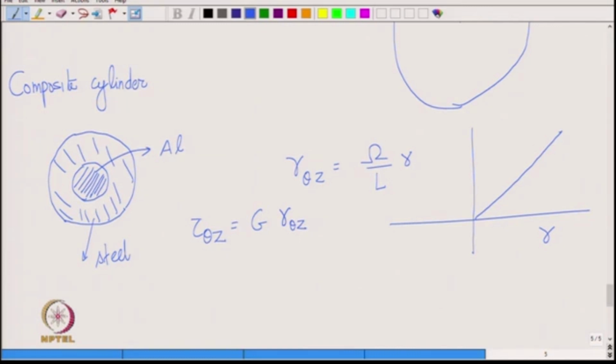So, this is for gamma theta z, which varies linearly, but for the tau theta z, it is going to be different. So, it first varies linearly with one linear graph within the aluminum. So, this is the aluminum domain, but for the steel domain it has to have a different slope, because the G is different, and there will be a jump.